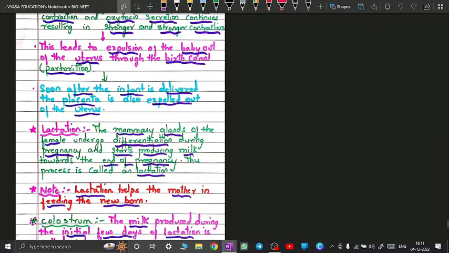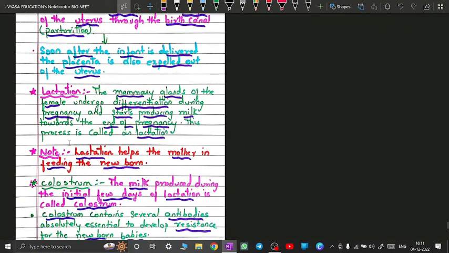Now lactation. So what is lactation? Once the baby has come out, it has to have food, isn't it? It cannot eat like you and me. It has to have easily digestible food. So, lactation. What is lactation?